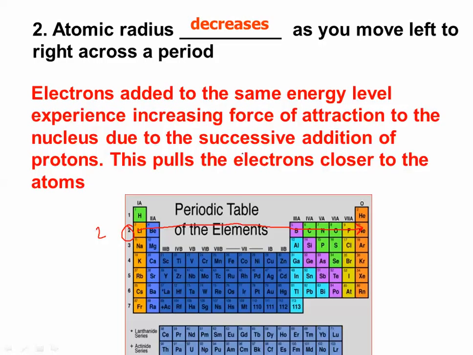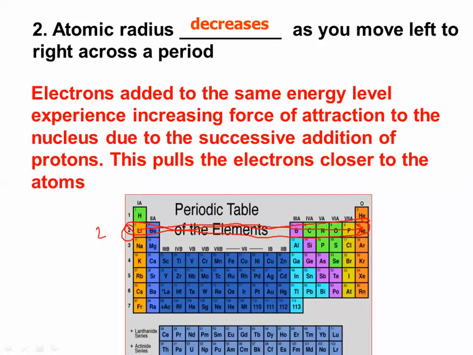And what happens is you are adding electrons to the same energy level. So lithium, beryllium, boron, carbon, nitrogen, oxygen, fluorine, neon, all of these in this second period, all of them have 2 energy levels.